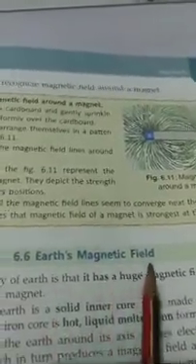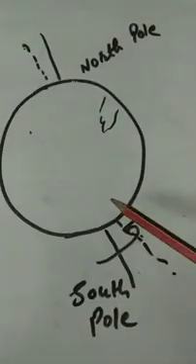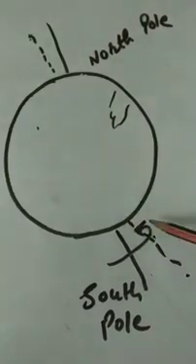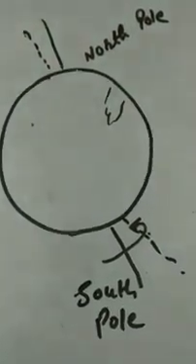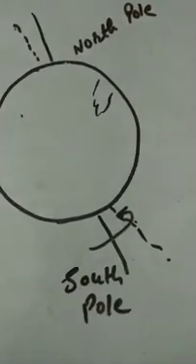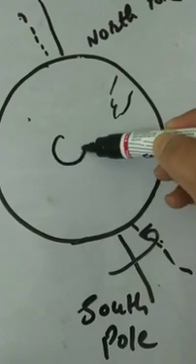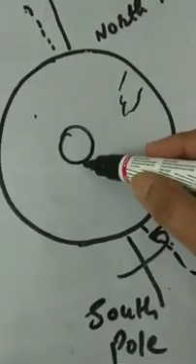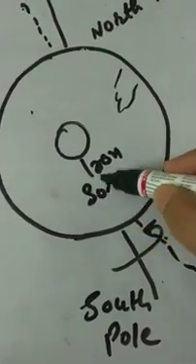Earth's magnetic field. Earth has a huge magnetic field around itself and acts like a magnet. At the center of the earth is the solid inner core. That solid inner core is made up of solid iron.